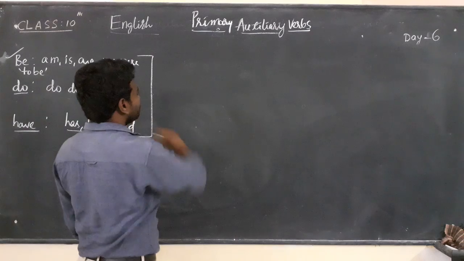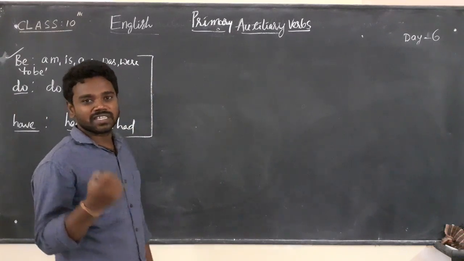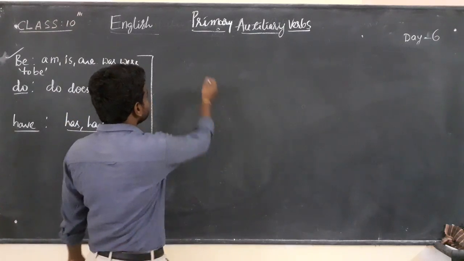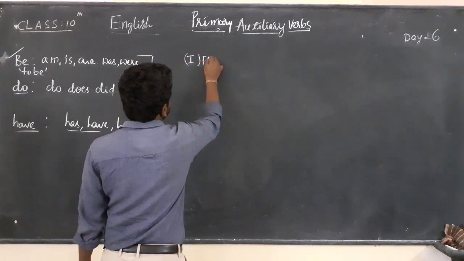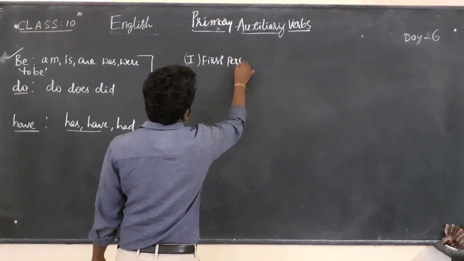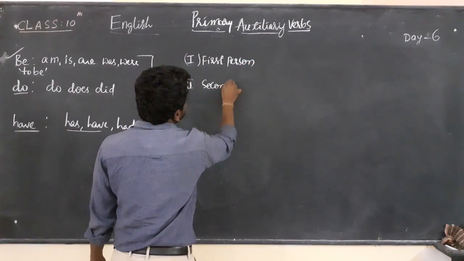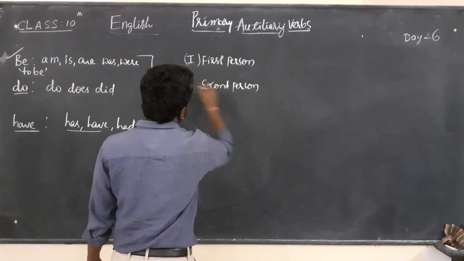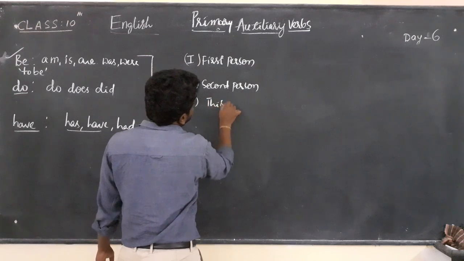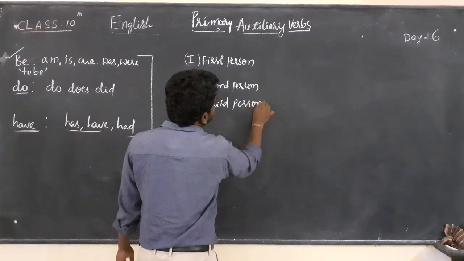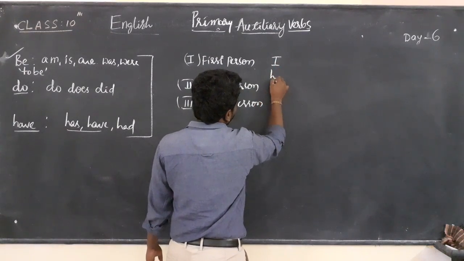Now here, be forms. I already talked about the personal pronouns: first person, second person, and third person. What is first person? I and we.